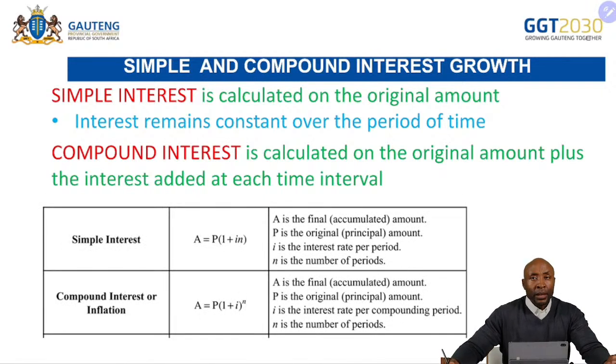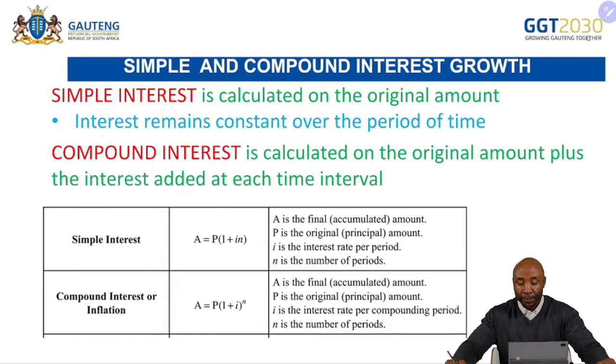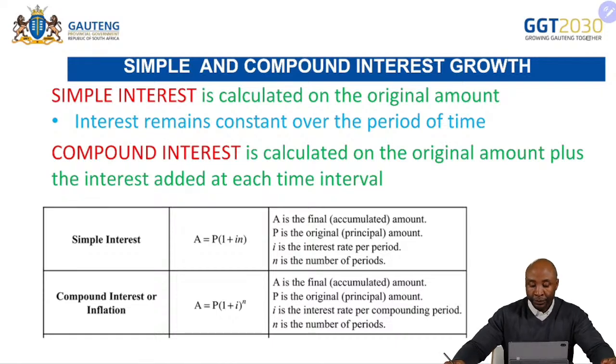Now, let's look at the formula for simple interest and the formula for compound interest. For simple interest, it's given by A is equal to P(1 plus i times n). We close the bracket. It's more of a linear equation.